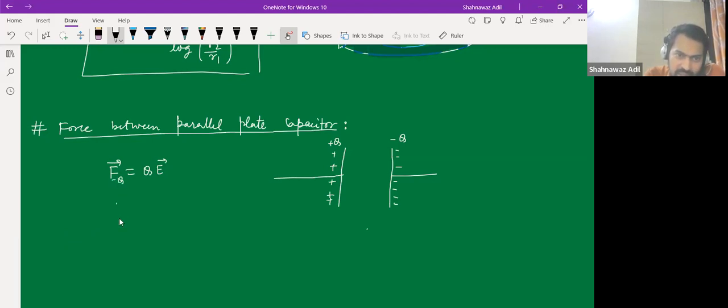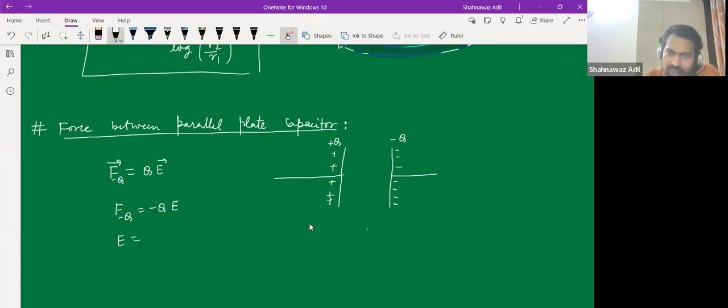So this would be how much? This is minus Q, and we have to figure out what is this electric field that we have placed on each charge, right? So what is the electric field inside this region? What is the value of electric field that you have?